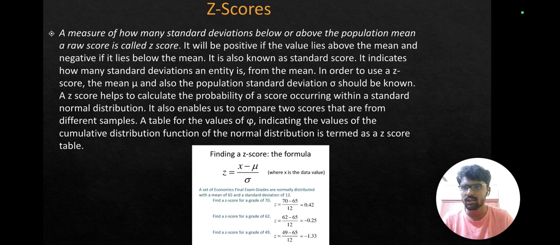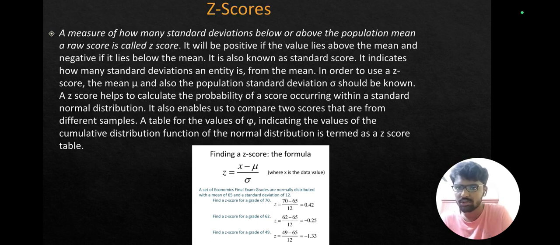Z-scores: a measure of how many standard deviations below or above the population mean a raw score is called a z-score. It will be positive if the value lies above the mean and negative if it lies below the mean. It is also known as a standard score. It indicates how many standard deviations an entity is from the mean.